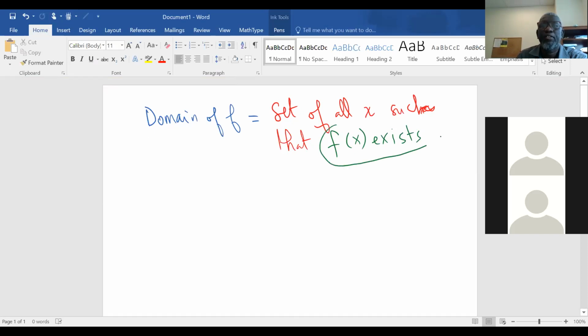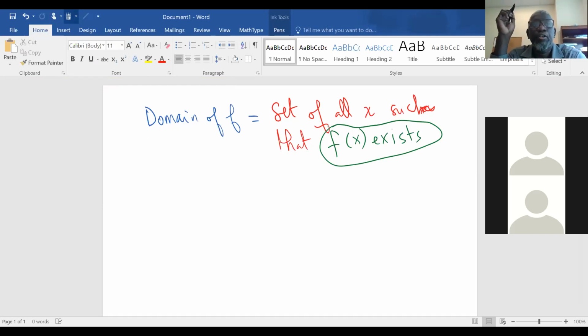That's what you call the domain. The domain is a set of all x such that f of x exists, okay? So if you can find f of x, then that x is in the domain. If you cannot find f of x, then that x is not in the domain.